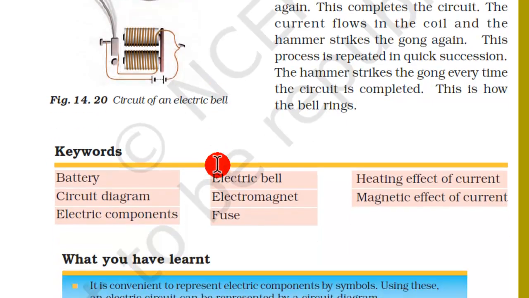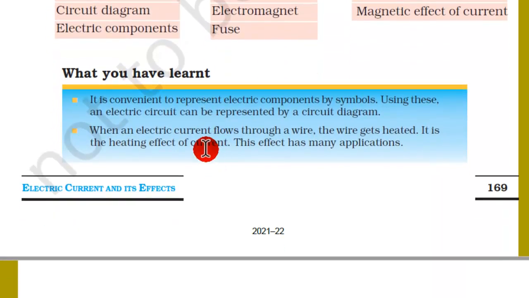Let's see what we have learned in this chapter. It is convenient to represent electric components by symbols. Using these, an electric circuit can be represented by a circuit diagram. When an electric current flows through a wire, the wire gets heated. It is the heating effect of current.